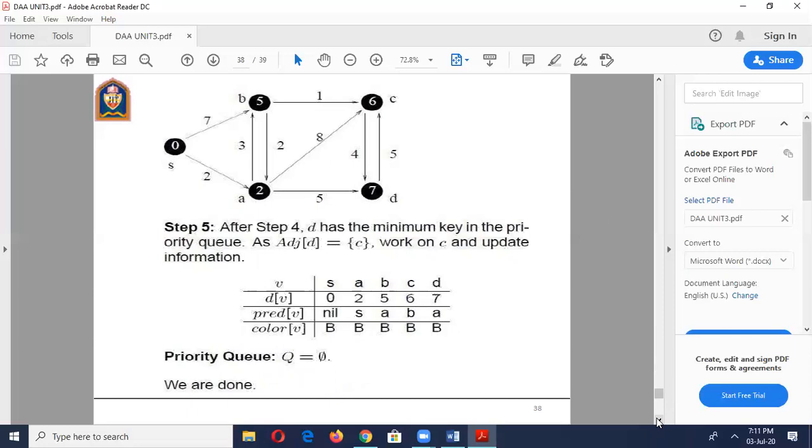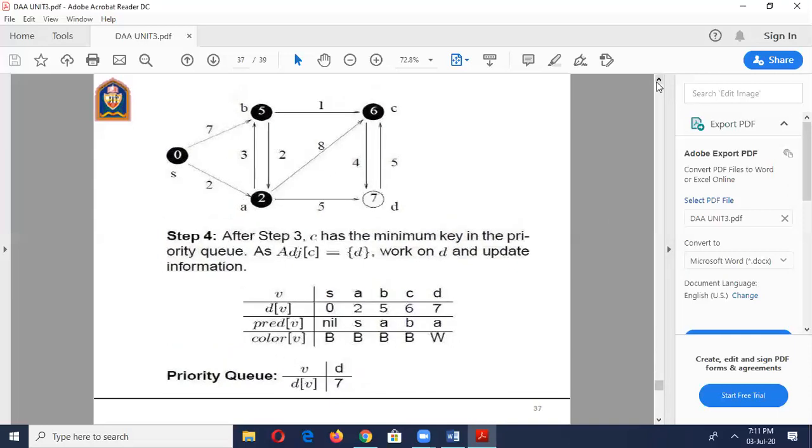Step 4, sir. Now we are taking adjacent for C. Adjacent for C is D only. So C will become black.